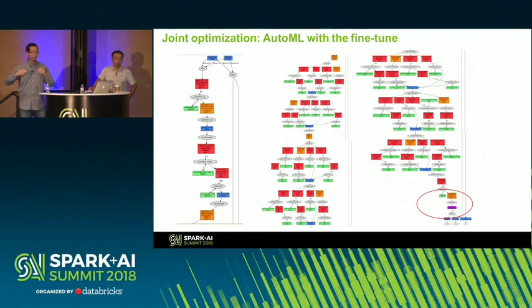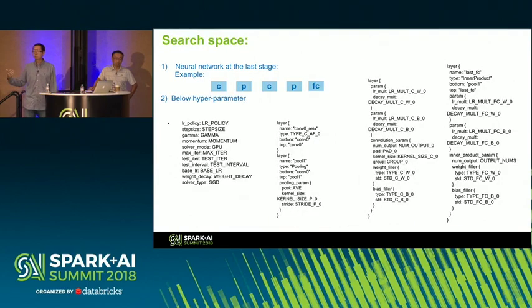All the parameters within the inception can be used as the initial weights, so it can deal with the convergence problem. So here is our searching space: a large space of neural network structures and also a very large space of hyperparameters.